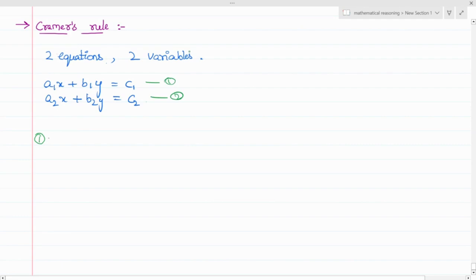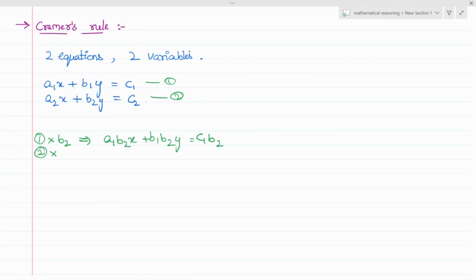The first equation gets multiplied with b2, so it becomes a1b2x plus b1b2y is equal to c1b2. And the second equation gets multiplied with b1. So here it becomes a2b1x plus b1b2y is equal to c2b1.